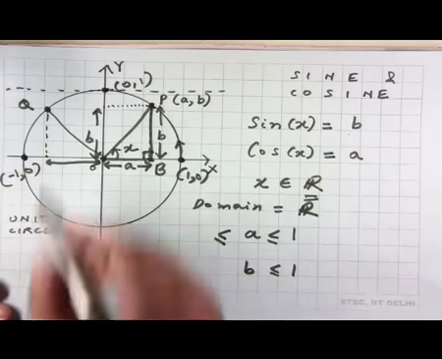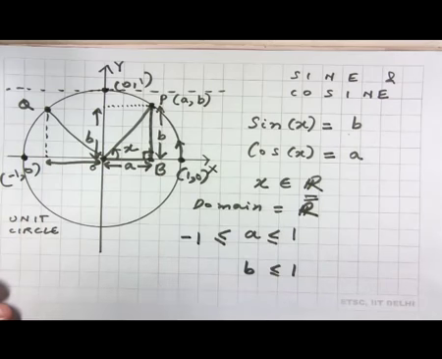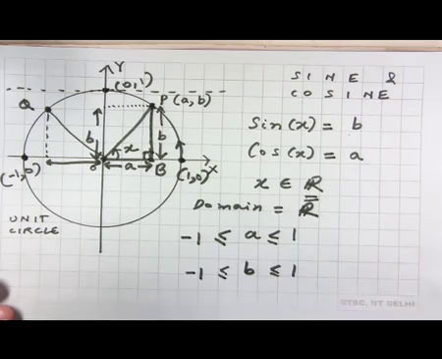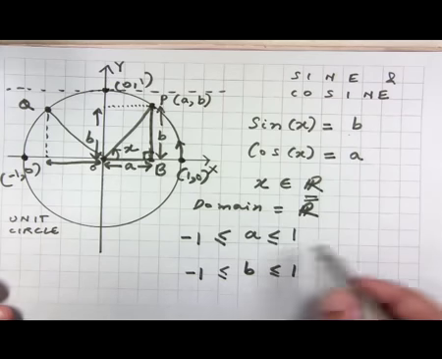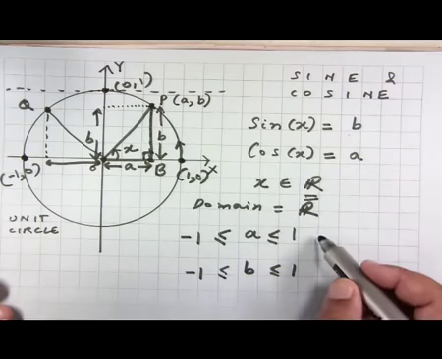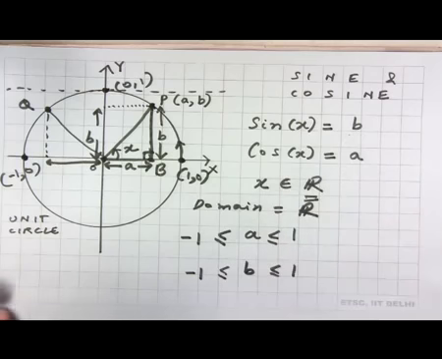So the x coordinate of any point has to be greater than or equal to minus 1. Similarly, the y coordinate also has to be greater than or equal to minus 1. So, as you can see, this is the range of both sine and cosine, because sin x is b and cos x is a. The range of both the sine and cosine function is between minus 1 and plus 1.